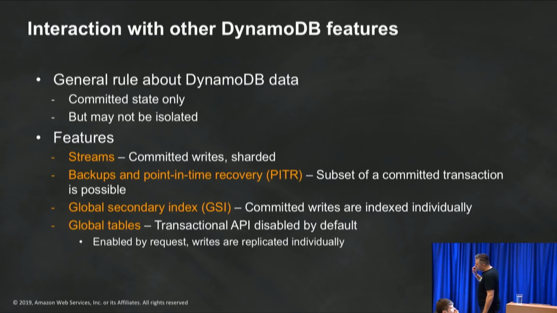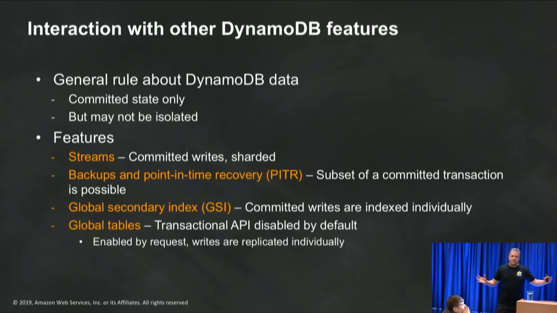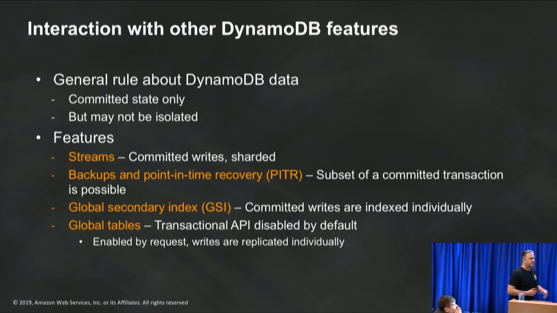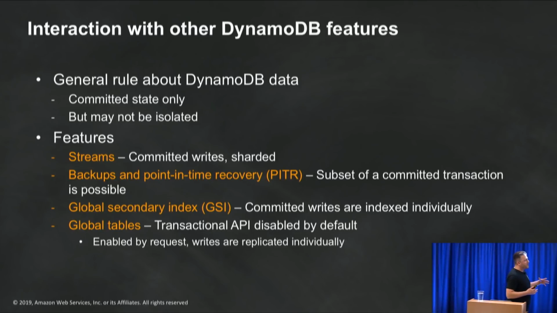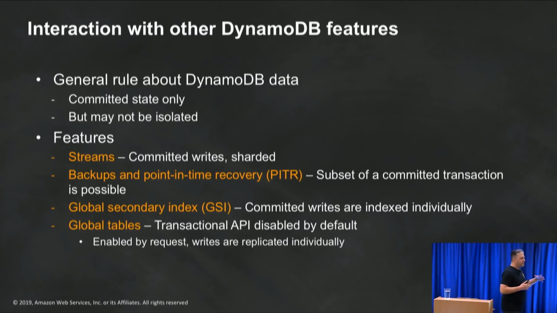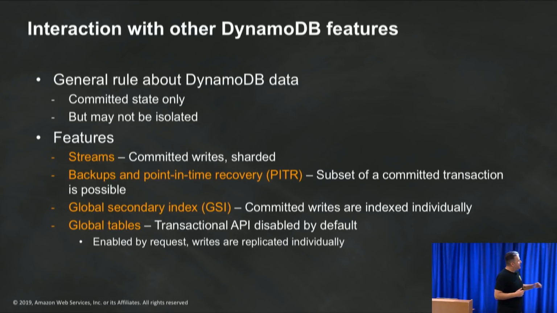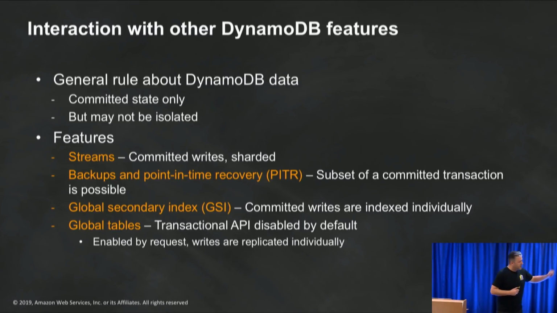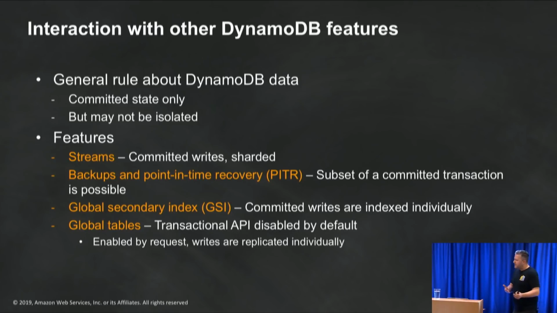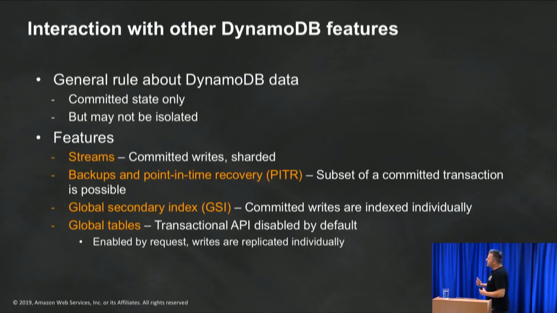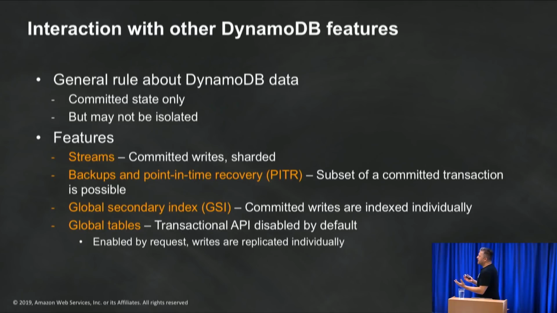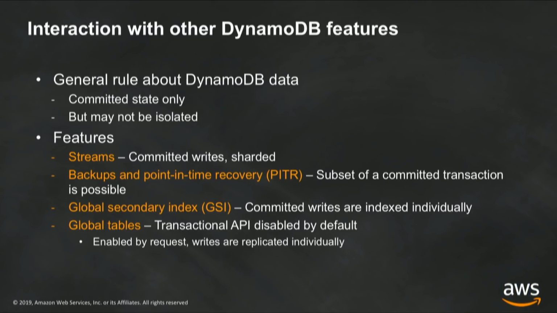But DynamoDB is a distributed system, right? And so the scope of transactions is limited to basically some of these features. So it does not extend to streams. What it means, the data that's coming down a stream, you could see committed data, but not necessarily the entire transactional set. And again, you will always be getting committed data.